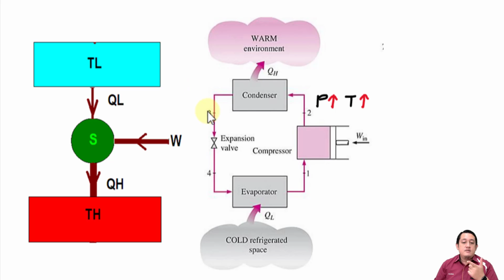So what will happen after it exits the condenser? What will happen to the pressure and the temperature? The pressure actually remains constant. It didn't have any difference, it didn't increase and didn't decrease. But the temperature will decrease.